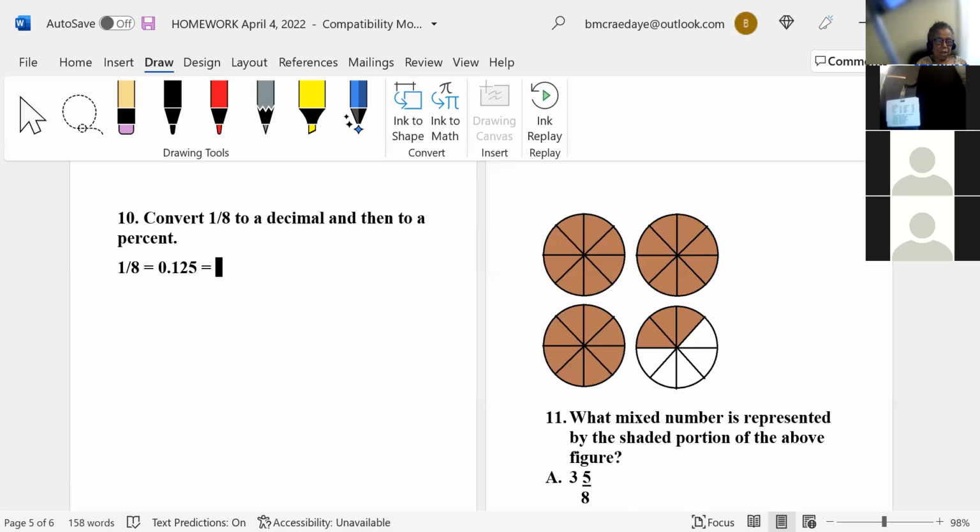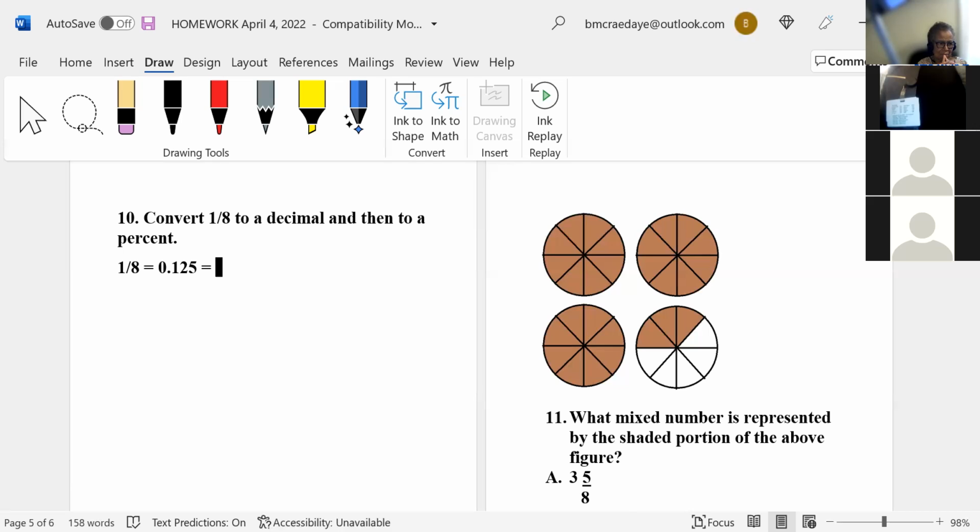Mercedes, tell Maureen how you convert from decimal to a percent. I think you count back to your right. Am I saying it right? There are two ways to do it. One is to move the decimal point two places to the right, or multiply by 100.